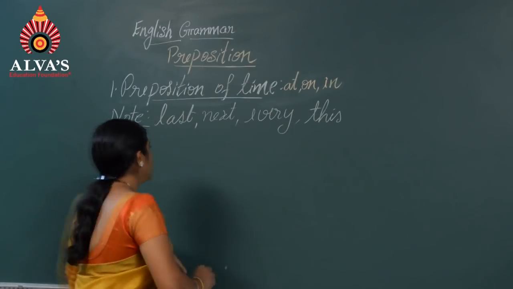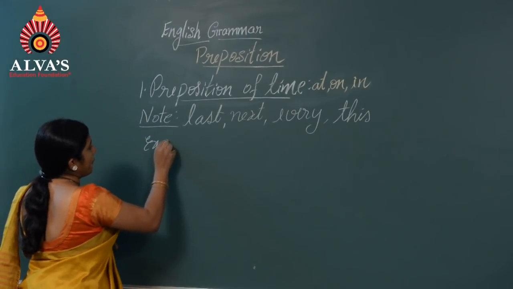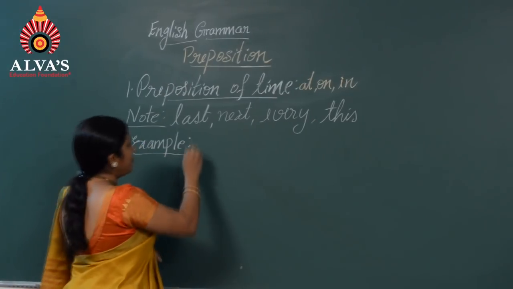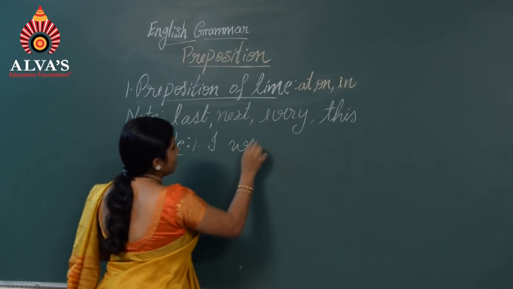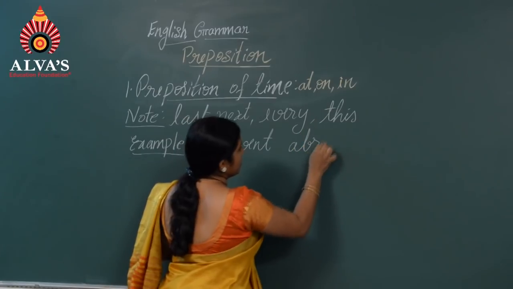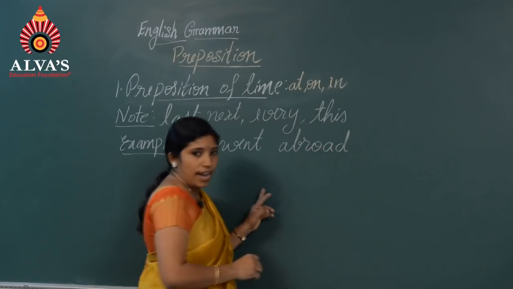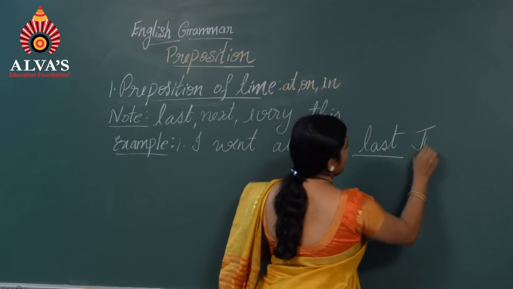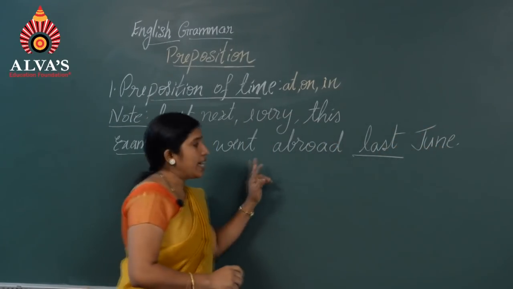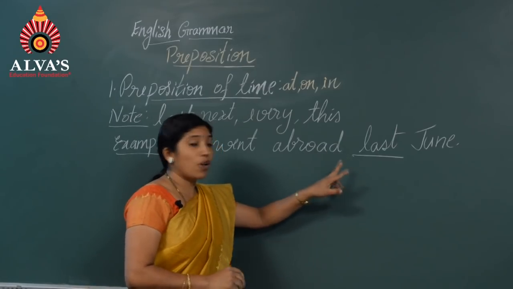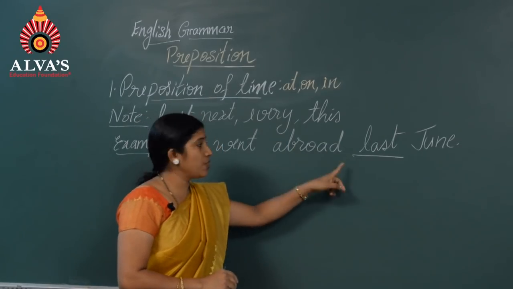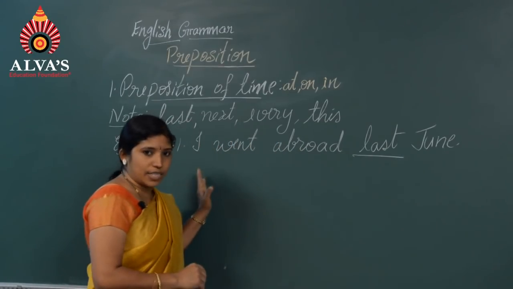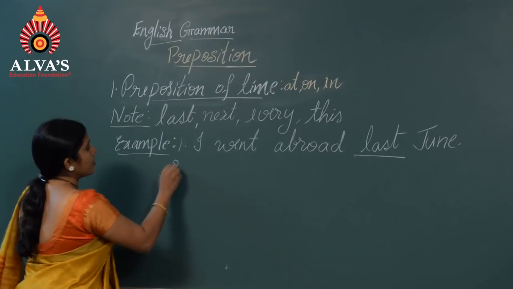For example, I went abroad last June. We are not supposed to use in or at or any other prepositions because there is the word last. This is an exception.